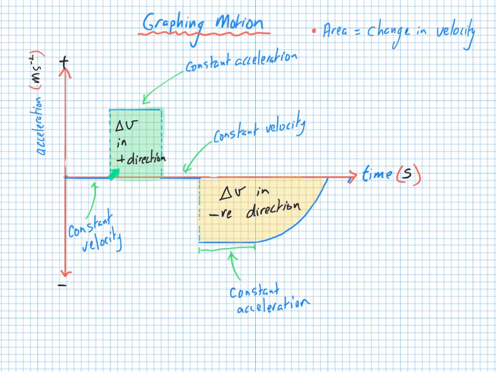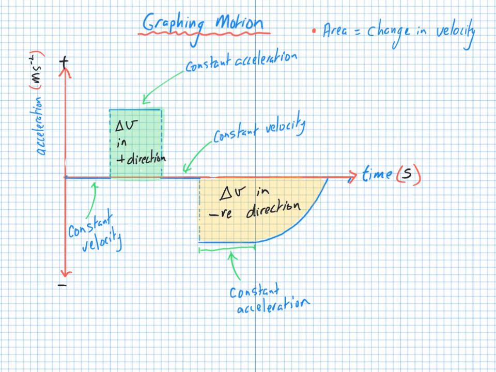Note that we can't determine the velocity of the object at this time when this acceleration ends because this graph doesn't contain the information of the initial velocity, the velocity of the object at time t equals 0. In a lot of situations we'll look at, the initial velocity will be 0, so we can use this area to figure out the velocity of the object at this time here.